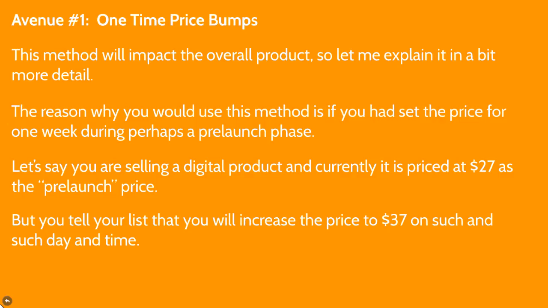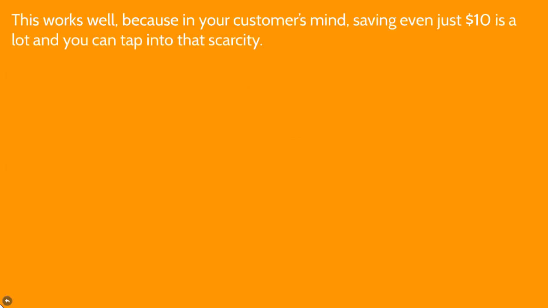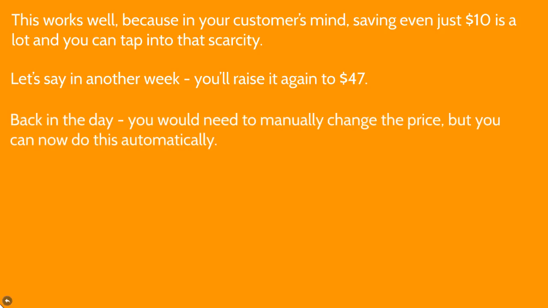That way it can automatically happen. And this works really well because in your customer's mind, saving even just $10 is a lot of money, and you can tap into that scarcity. So let's say in another week, you decide to raise it again to $47. So you can do that again with JVZoo.